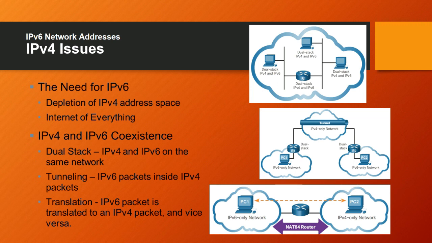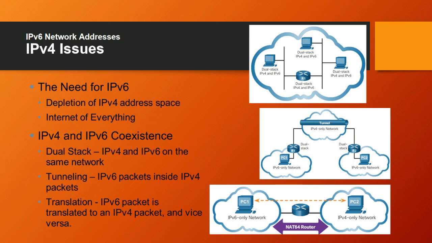IPv4 and IPv6 coexistence. Dual stack: IPv4 and IPv6 on the same network. Tunneling: IPv6 packets inside IPv4 packets. Translation: an IPv6 packet is translated to an IPv4 packet and vice versa.